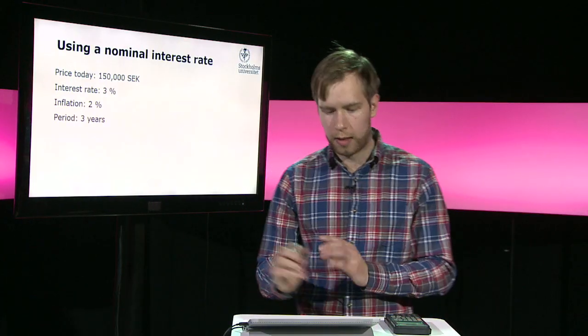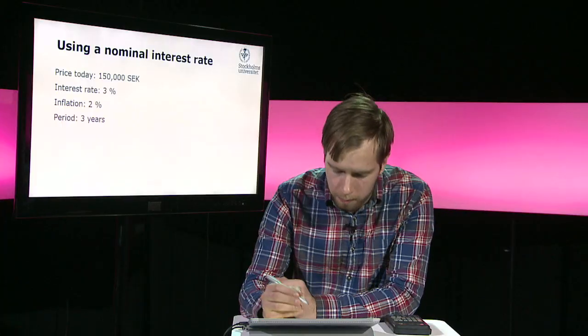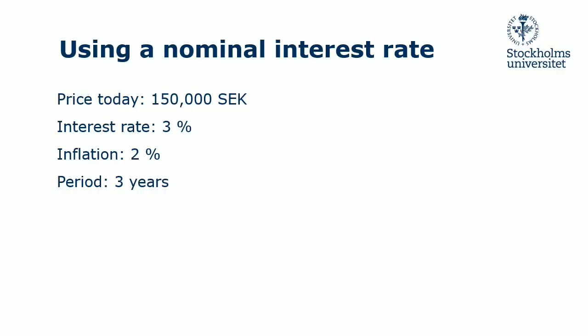So how do we do that? Well, we do it as we always do, okay? We know the price today, it's 150,000, and we also know that the inflation will be 2% per year. So how much do we have to actually pay in 3 years' time? Well, we take the 150,000, we take it times 1 plus the increase in the price, which is then the inflation, and we take this to the power of 3.